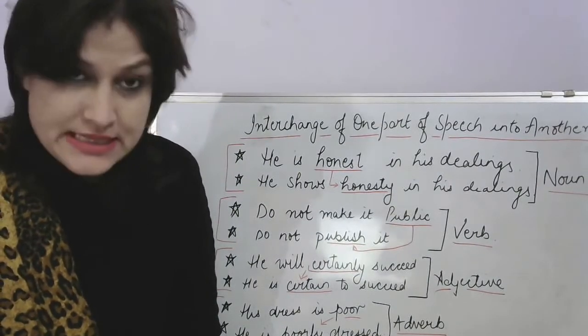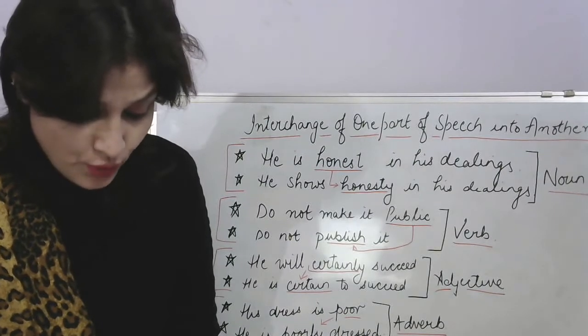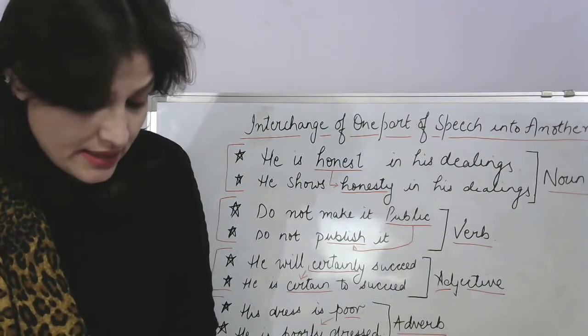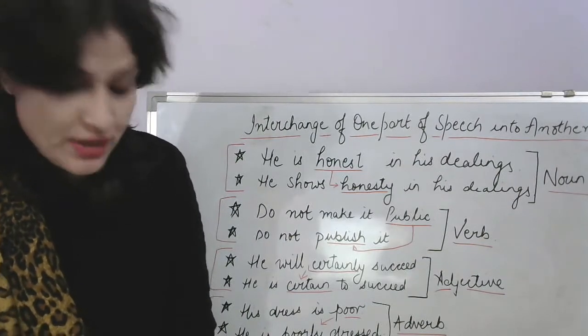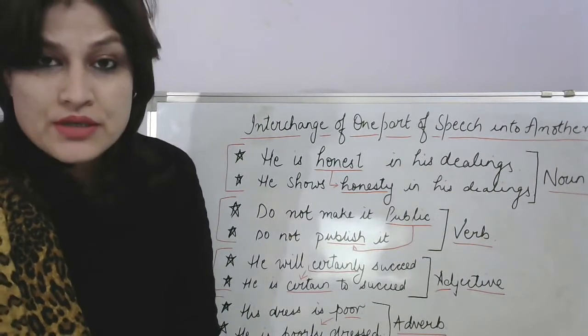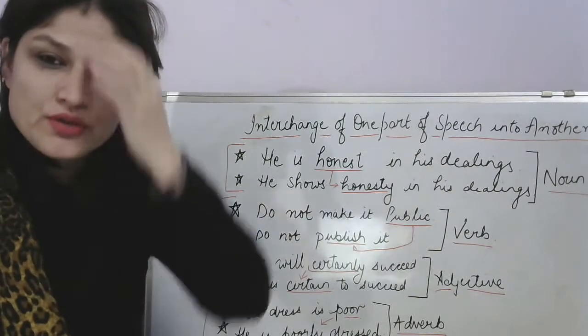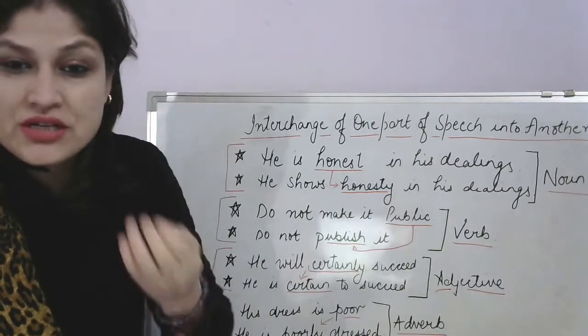Rewrite the following sentences substituting the verb form for the words in italics. What you need to do is use a verb. So they have given you what you need to do. You don't have to worry about whether you have to change it into a noun, verb, adjective, or adverb.